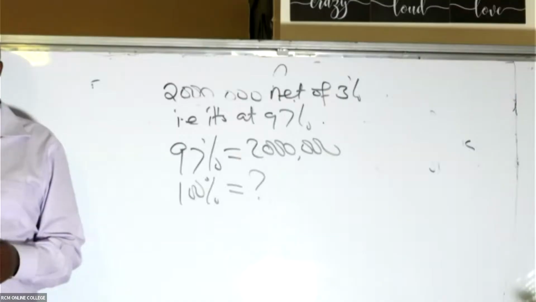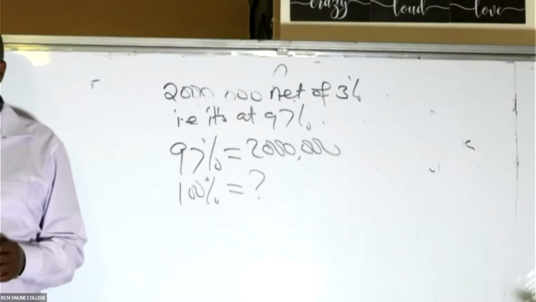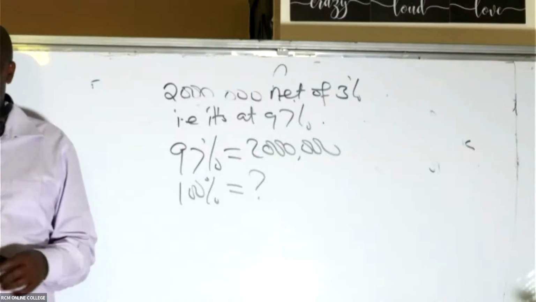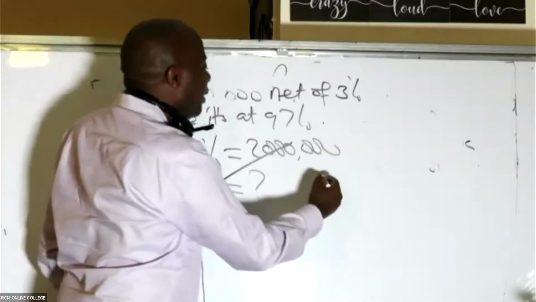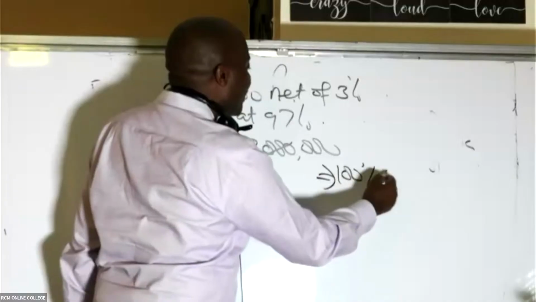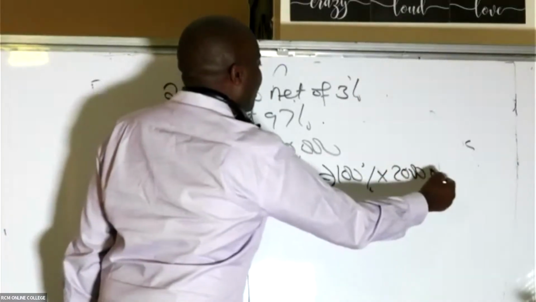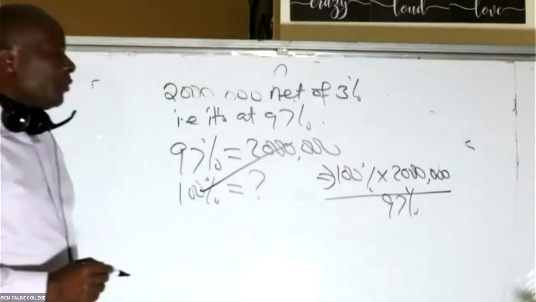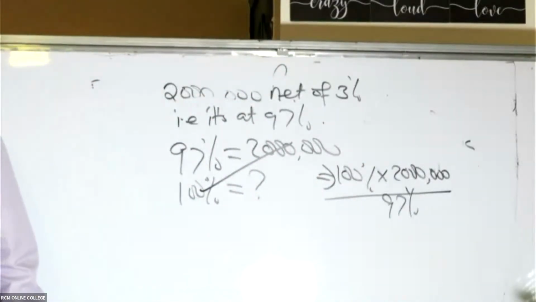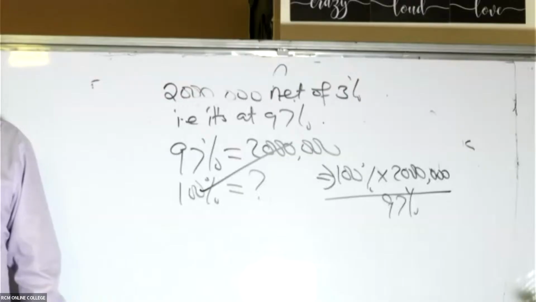If you cross multiply, you can even omit the percentages. So if you cross multiply, this will be 100% times 2 million divided by 97%. Is there somebody who is able to give me this figure? Quite an ugly figure.